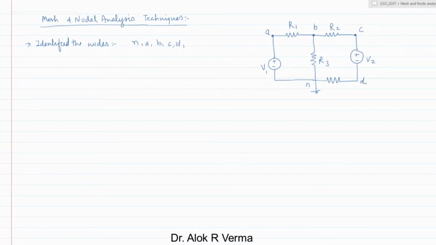Now let us find out the loops. First loop, if you see, is A, B, C, D, N, A. This is the outer loop.